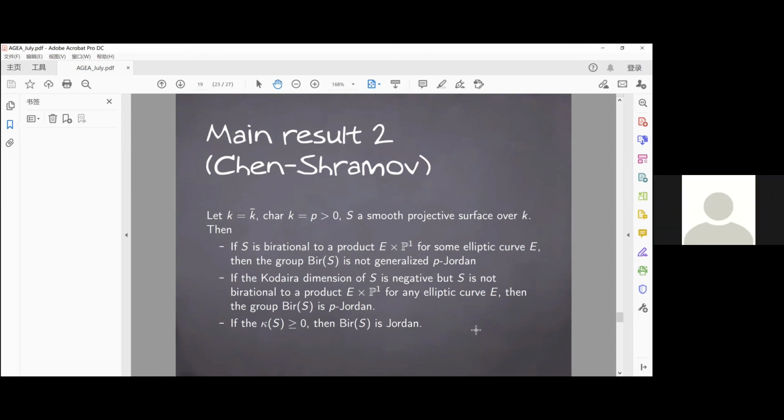Okay, so maybe in other formulations, if you take a Fano variety of Picard number 1, can you classify when this automorphism group is Jordan? For surfaces, it's just P2, right? This is easy. For high dimensional, P2 is not Jordan. For high dimension, I don't know.